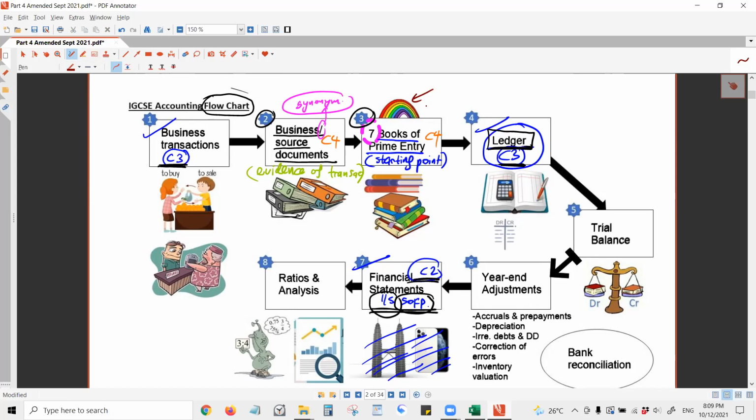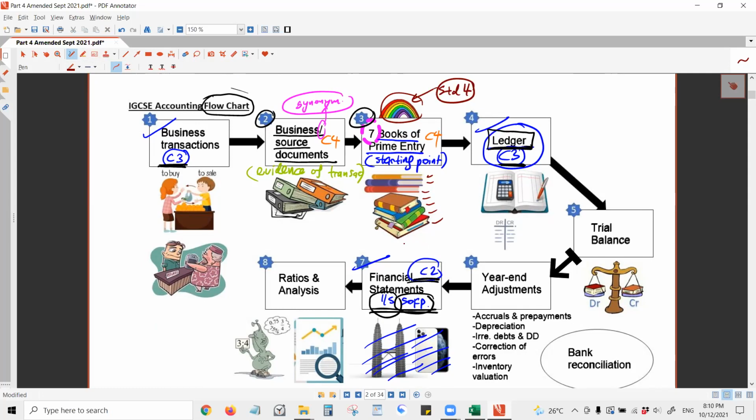In primary school, in standard 4 science, you learn that the rainbow has 7 colors. So think of the rainbow, think of books of prime entry, so that you remember there are 7. 1, 2, 3, 4, 5, 6, 7. If you look at the picture, you count one by one, there are 7 books here. I got this picture from online.